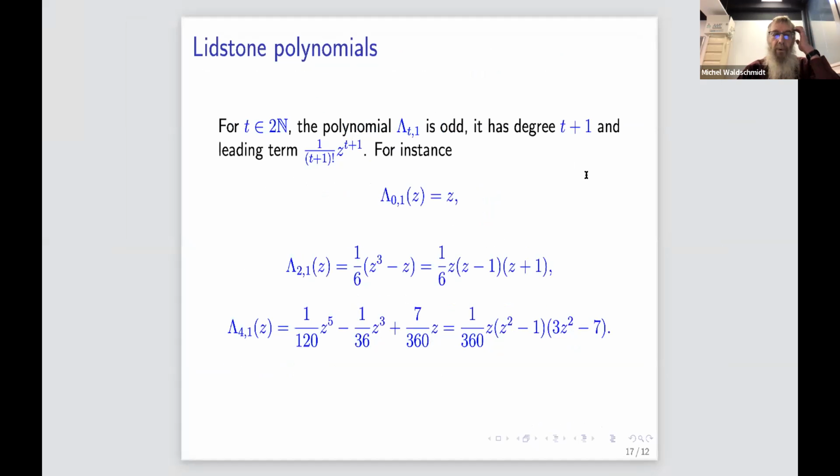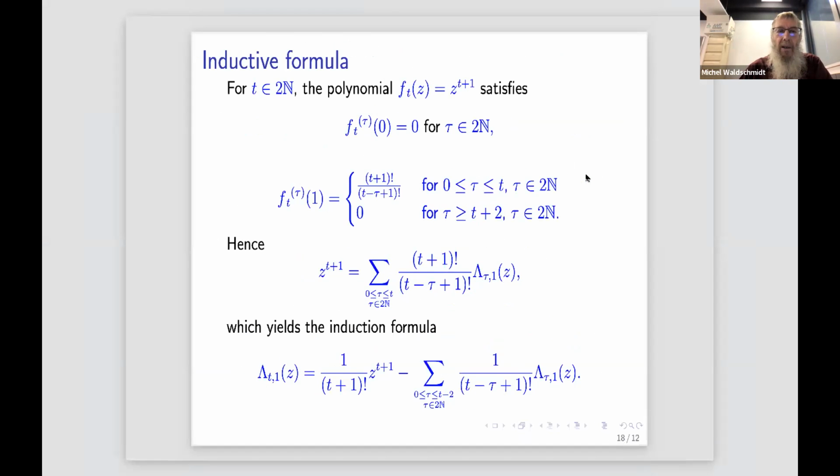So we have some values of the Lidstone polynomials, which are known. And what will be important for the generalization is that we have an inductive formula. If you write the characteristic polynomial of the polynomial lambda t for z to the t plus 1, you get a formula which gives an inductive way of computing lambda t1 when you know the lambda tau 1 when the tau are less than t.